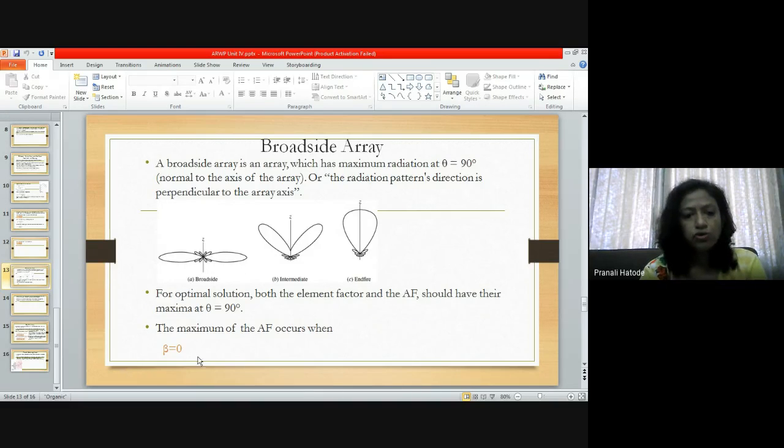Okay, so for the optimal solution, both the element factor and the array factor should have their maximum at theta equals 90 degrees, that is 90 degrees from the orientation axis. In this case, the maximum of the array factor occurs only if beta is also equal to 0.